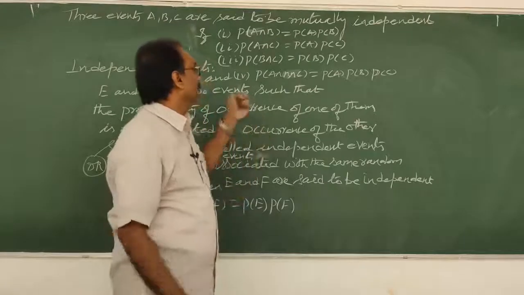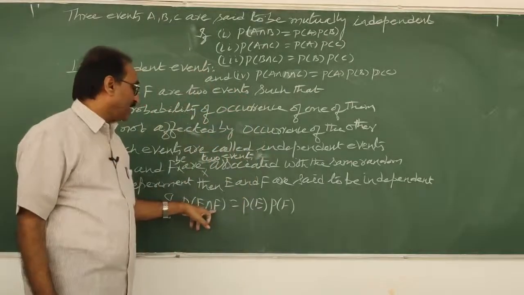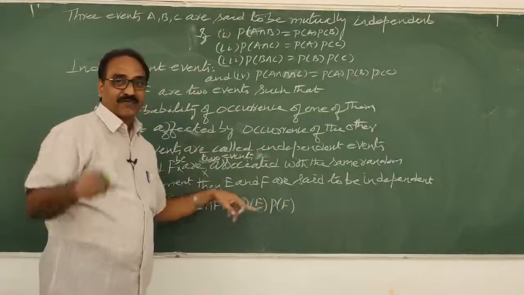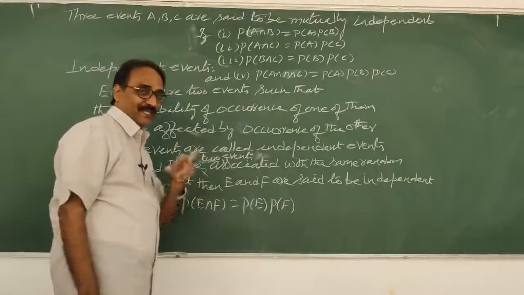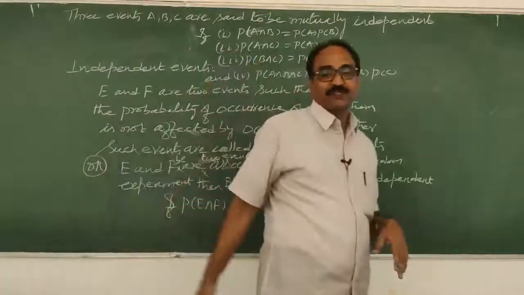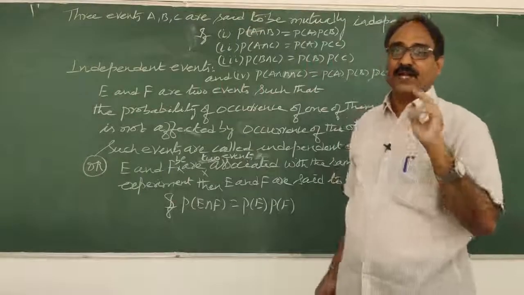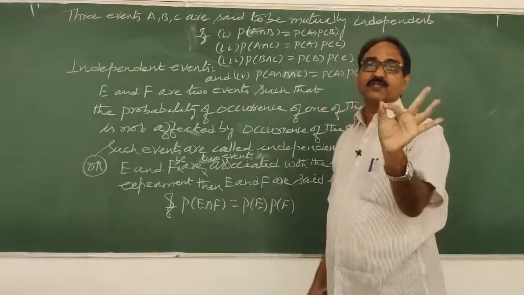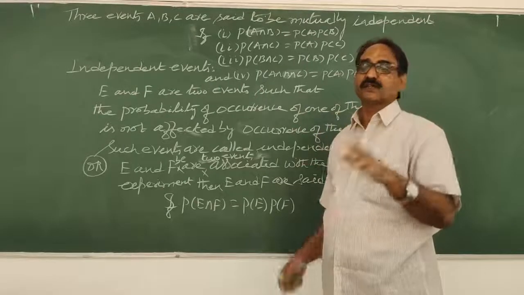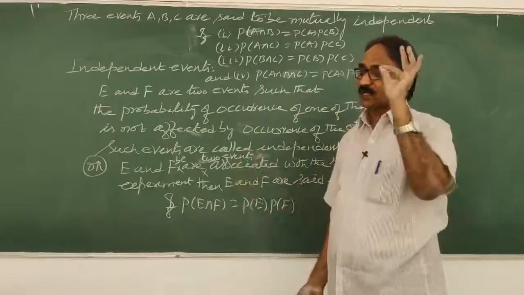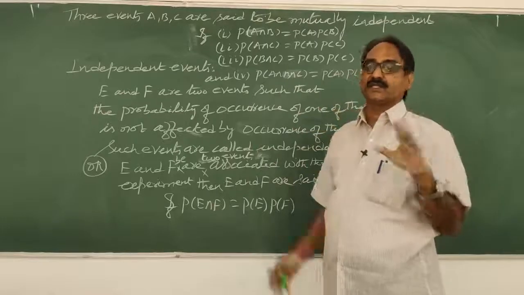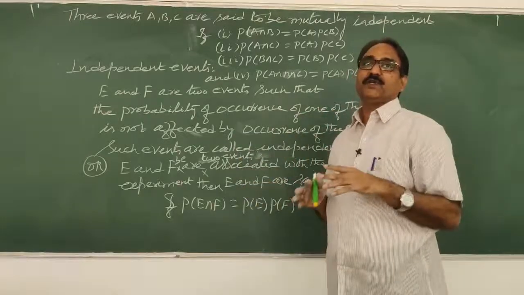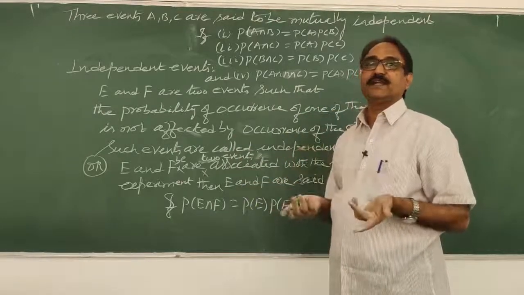So here it is said, P of E intersection F is equal to P of E into P of F. So there will be something common. From the definition only. In independent events, common may be there. In mutually exclusive events, common won't be there. Intersection is empty. If you remember this first point, you can find the difference between mutually exclusive and independent.